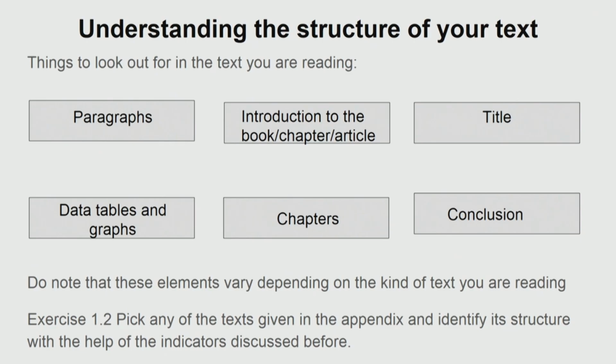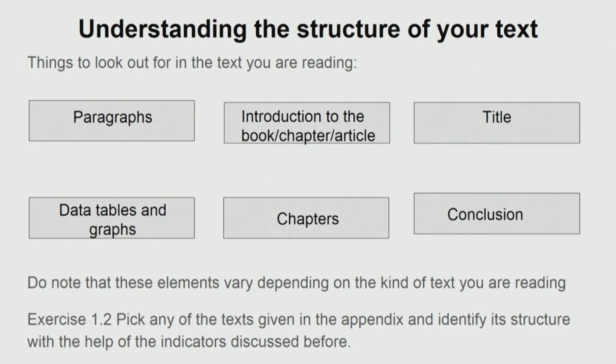So, you have the title, you have introduction to the book or to the chapter or article, then you have your paragraphs, you have chapters. If there is any data or table or other information, then that is also there, and at the end you have conclusion. So, title begins, conclusion is the end, in between you have all these things.